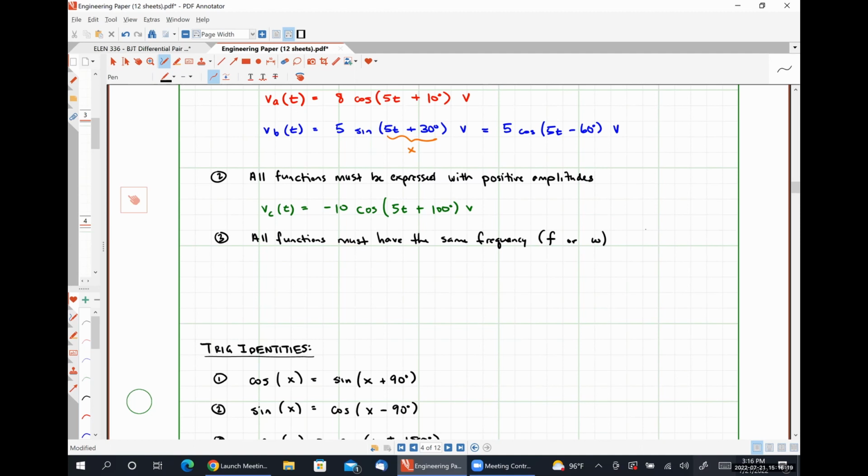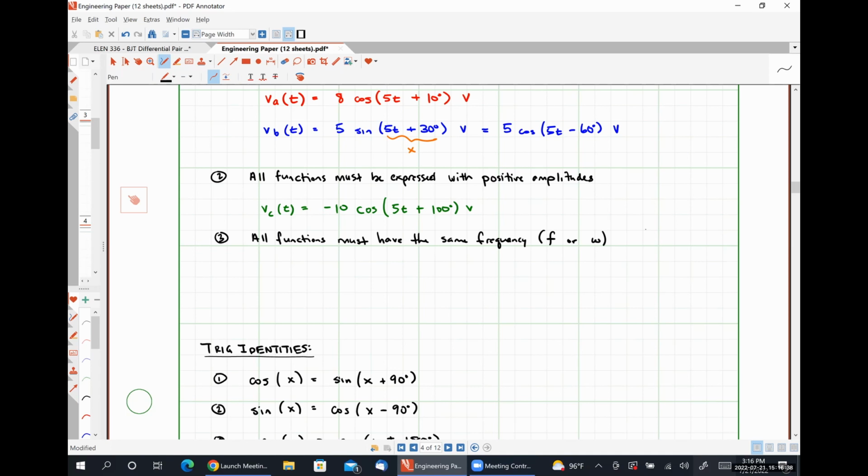There is no trig identity that exists that will allow me to convert a sinusoidal function with a frequency of one thing to a sinusoidal function with a different frequency, or at least I can't express it as a single sinusoid, okay?